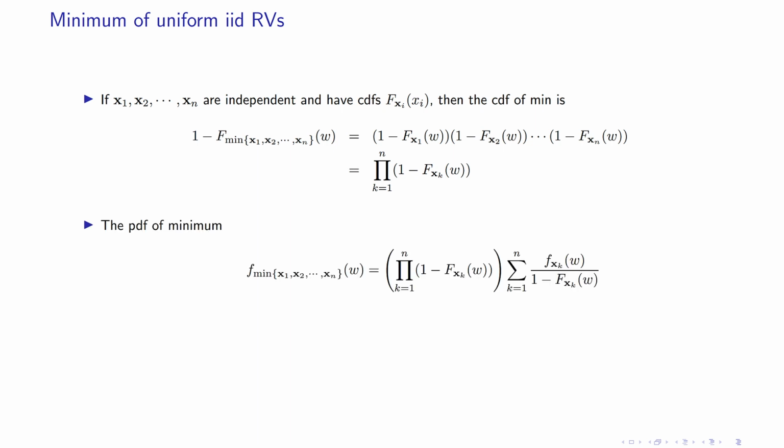From here you can get the PDF of the minimum. If you take the derivative, or if you take the logarithm first, then the derivative, and then multiply by the CDF, you quickly get this expression. I leave this to you as an exercise. This is an important exercise.